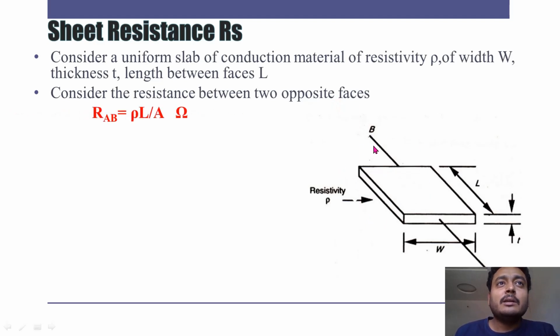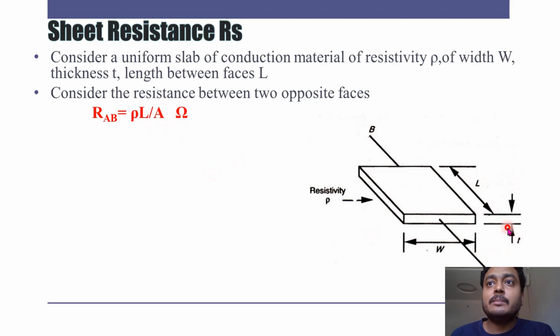You already came across this in your lower semesters, in physics. The resistance is rho L by A, where rho is your resistivity, L is the length of the material from point A to point B, and A is the cross-sectional area of the material. In this case, this will be your L.